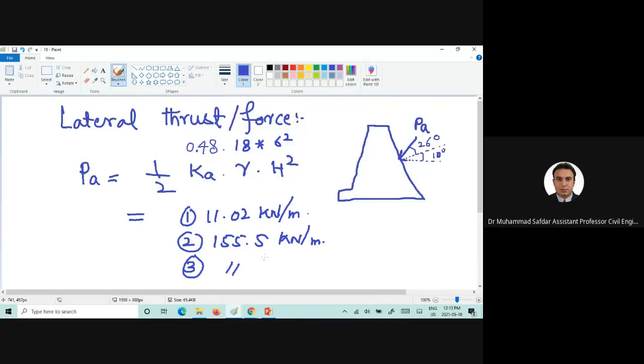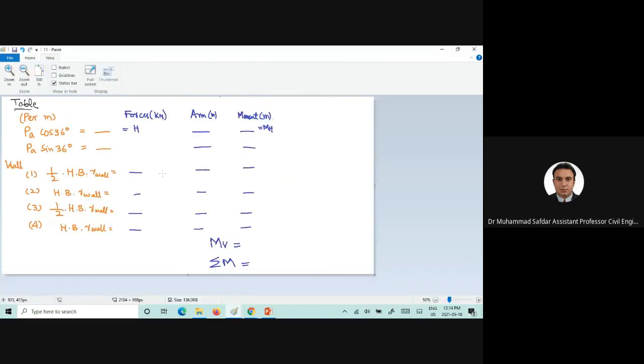155.5 kilonewton per meter. Now that's the lateral force which would be exerted by the backfill material. Now we need to construct this table again, and how can we construct this table?